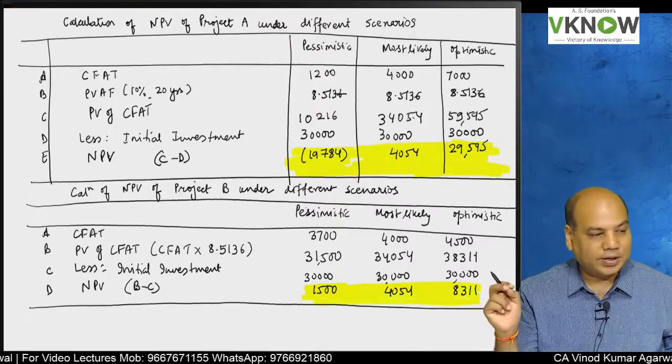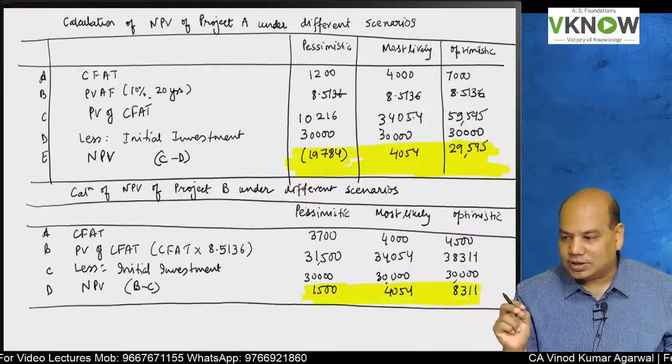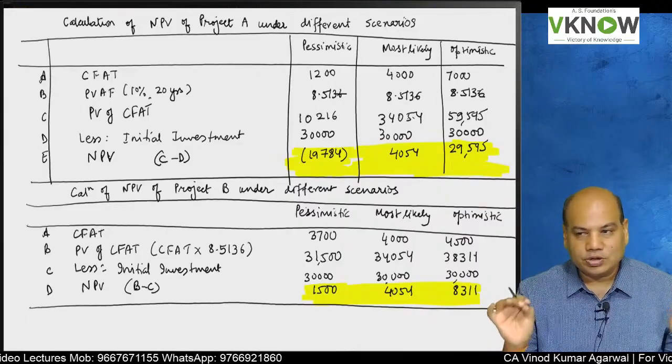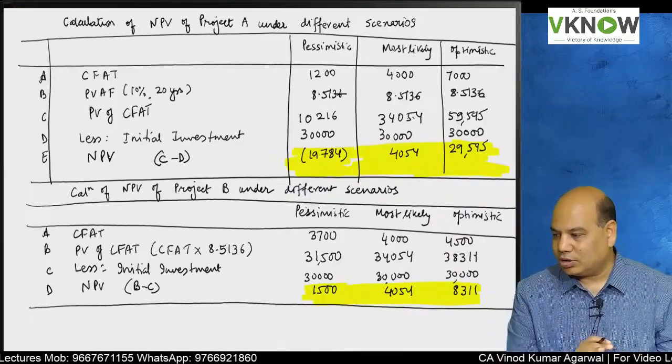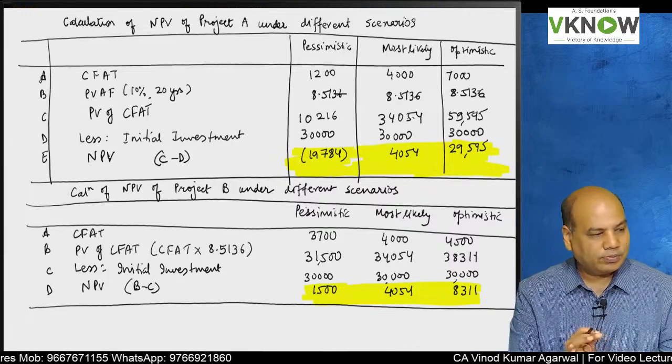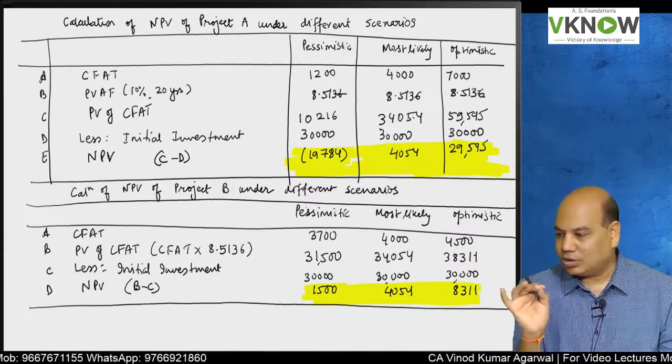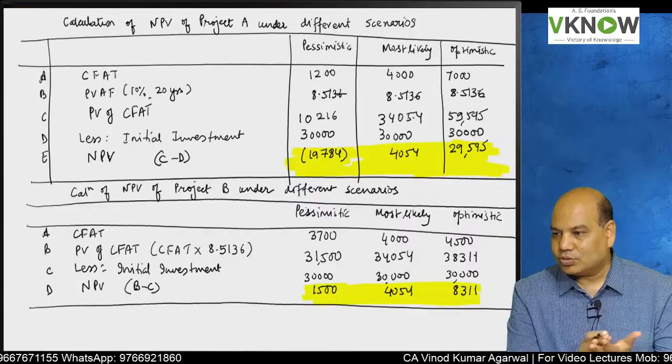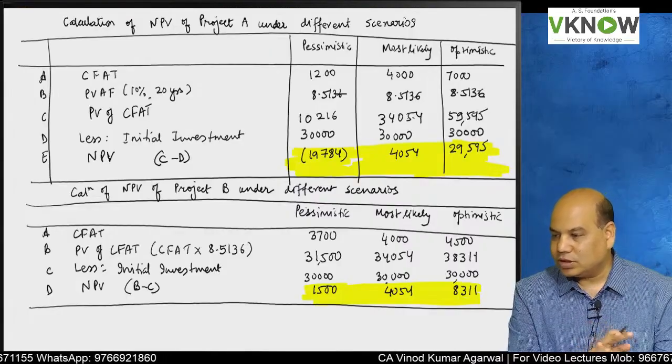So please reply, if you were the decision maker, which project you would select, A or B. You just have to mention A or B. One student is saying B, one is saying A.